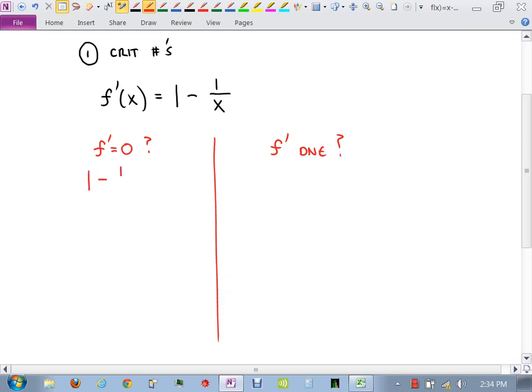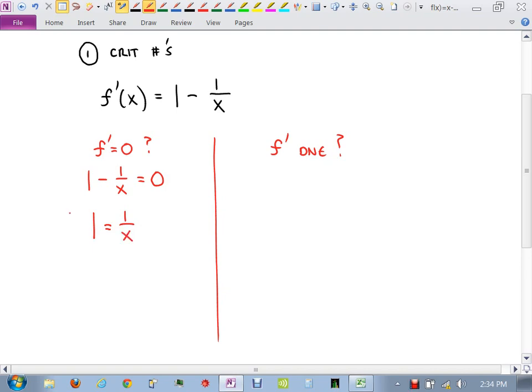Take your derivative, set it to 0. How would you like to solve that? You can almost just solve it by looking, but... Okay, take negative 1 over x to the other side. It becomes a positive 1 over x.